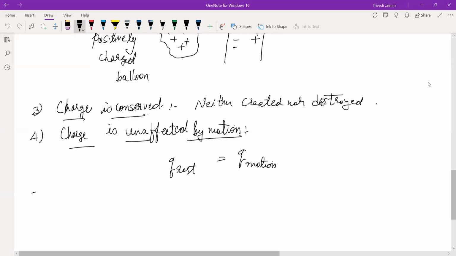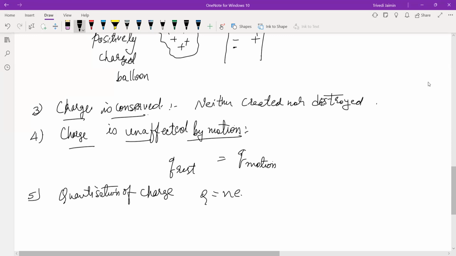And fifth one, last one, quantization of charge. In simple terms, Q equals n e. It is an integral multiple of the charge, where n varies from 1 to infinity.